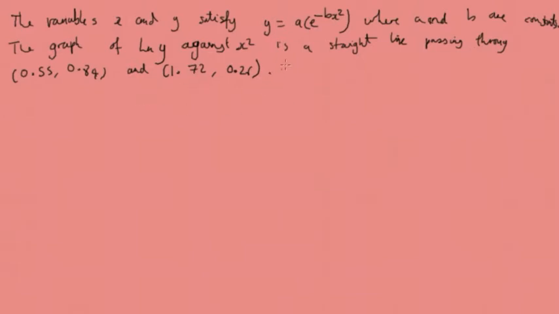What we want to do is find A and B. We've got the graph of the natural logarithm of y against x squared, and these two points, 0.55, 0.84 and 1.72, 0.26.